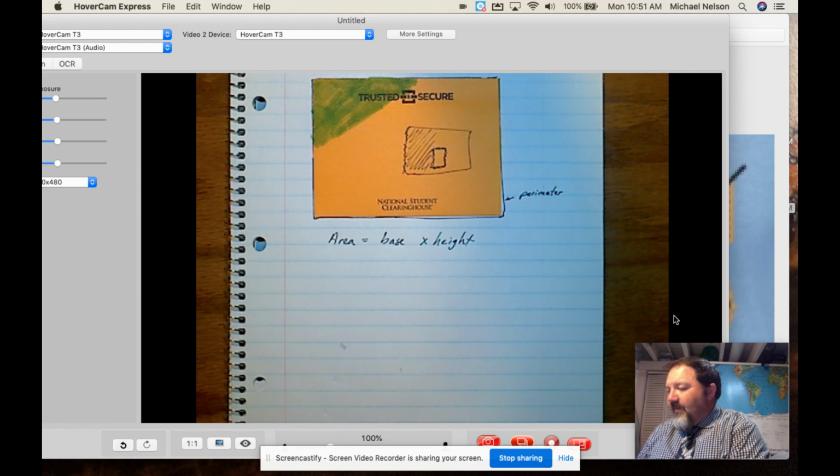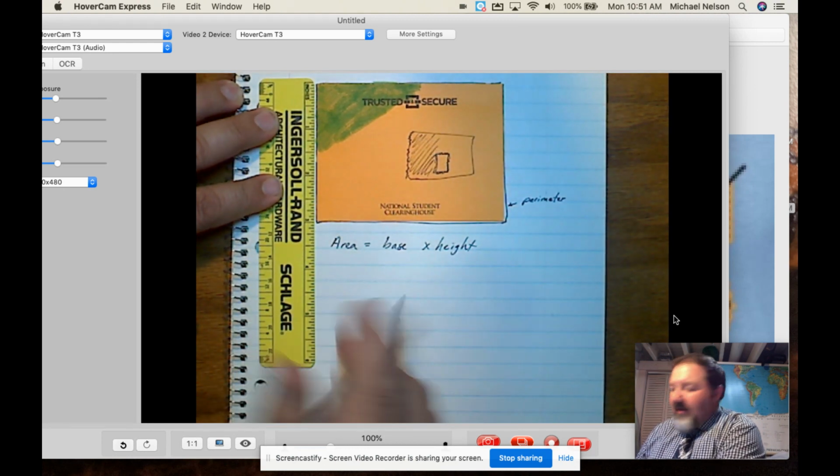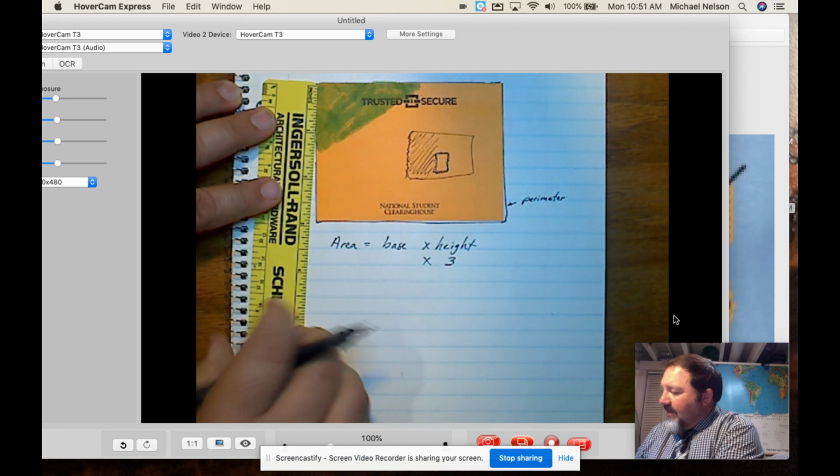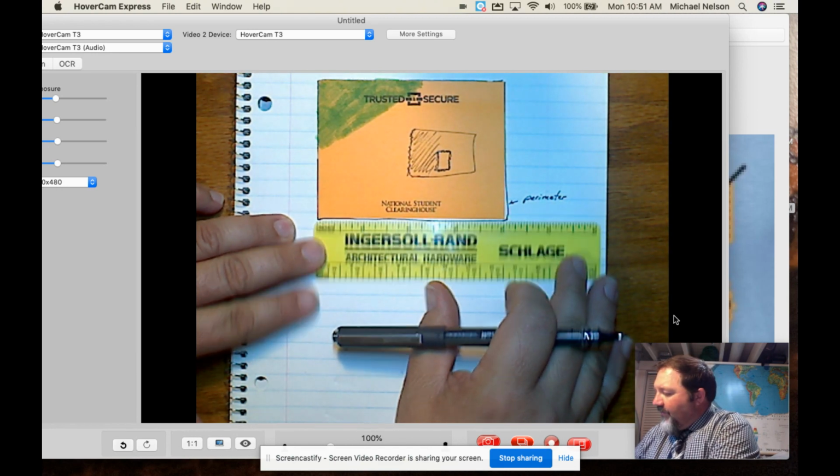If we were to actually measure this, this measures 3 in height, and its base measures 4.